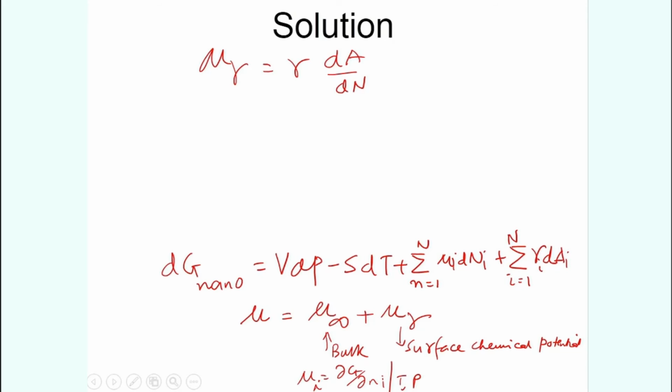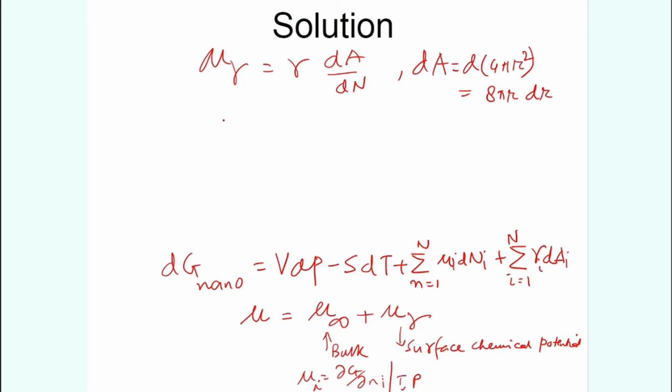And dA for a spherical particle is d of 4 pi r square, that is nothing but 8 pi r dr. We should be careful about that i and gamma. I should write it properly. Am I clear?